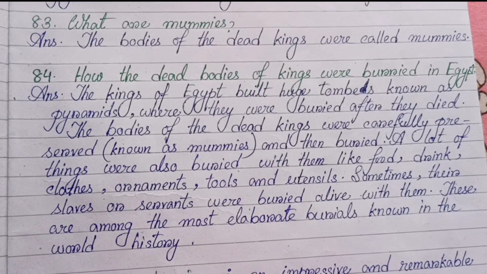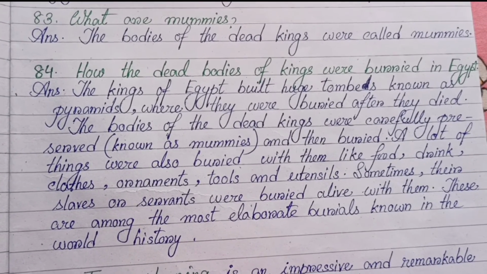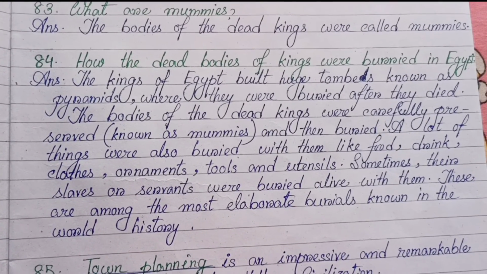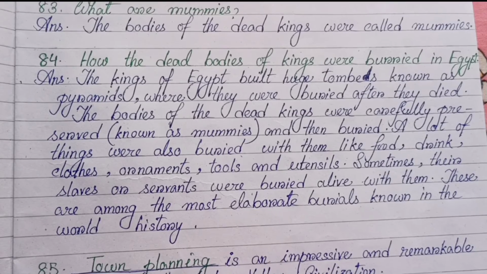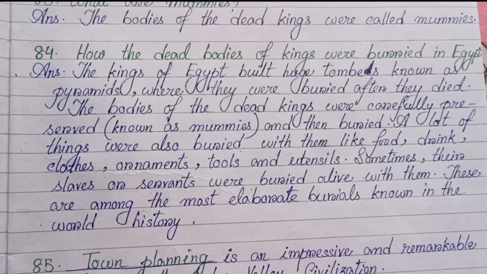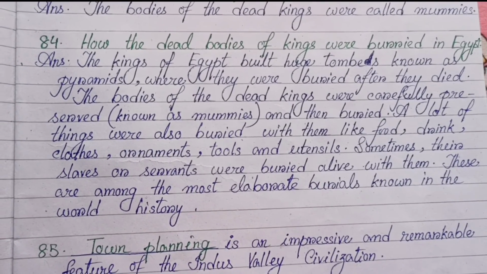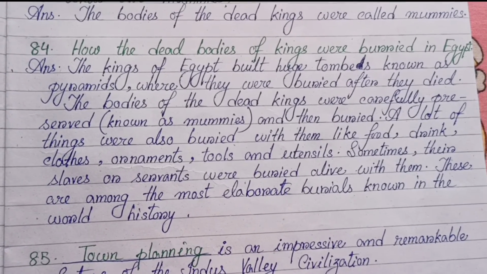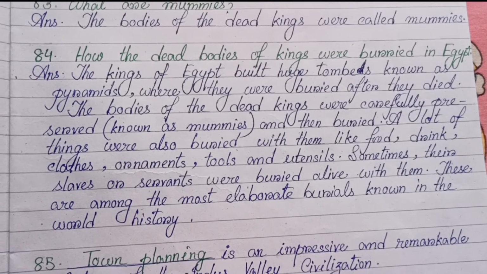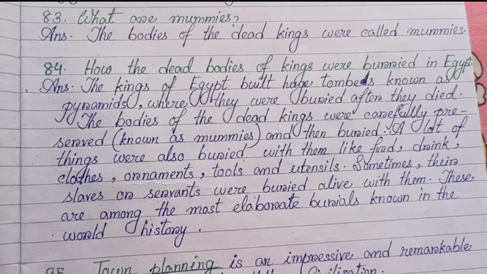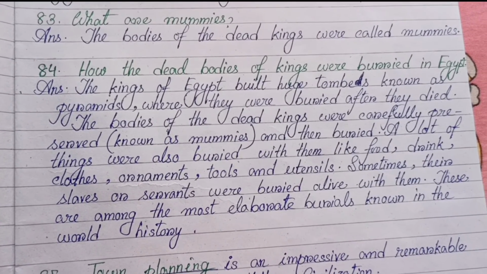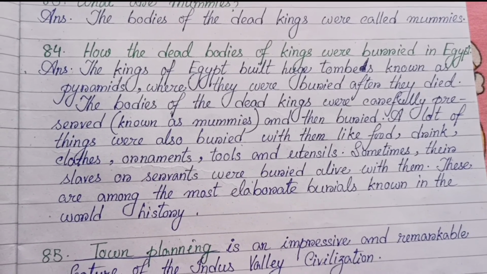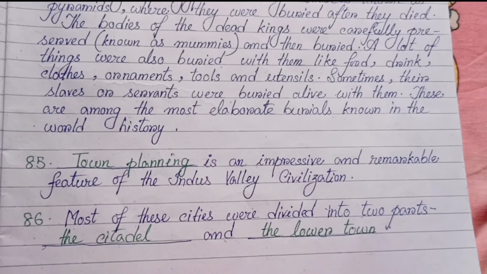The bodies of the dead kings were carefully preserved, known as mummies, and then buried. A lot of things were also buried with them, like food, drink, clothes, ornaments, tools, and utensils. Sometimes their slaves or servants were buried alive with them. These are among the most elaborate burials known in world history.